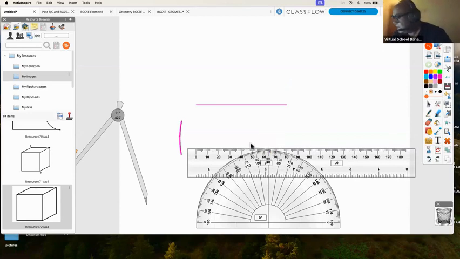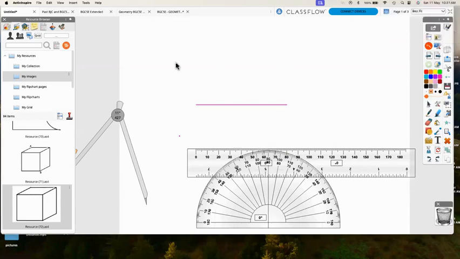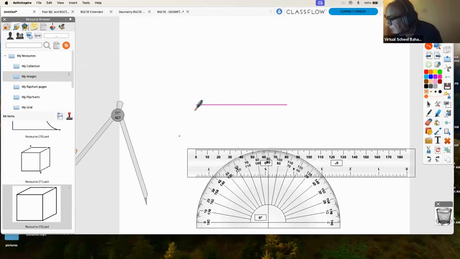Let me move out this line. As you go along, you name your line. What is the name of that line? LM. And you write it in: L M 8 C M. At L, how many degrees are you going to get?